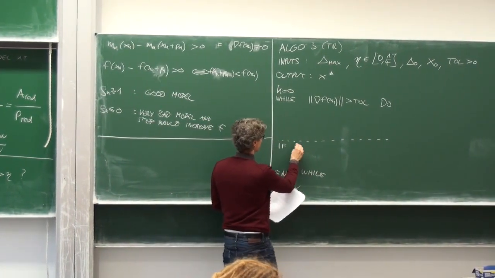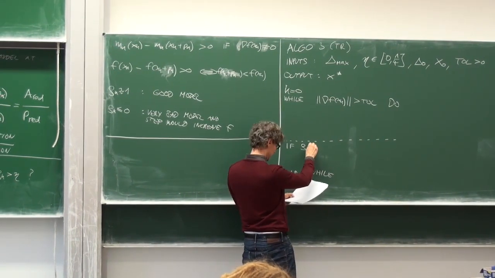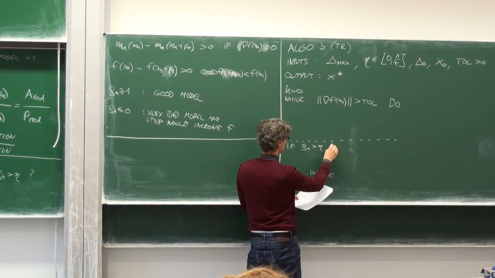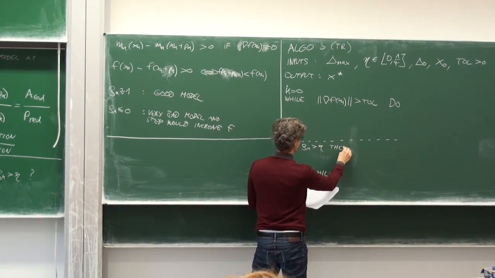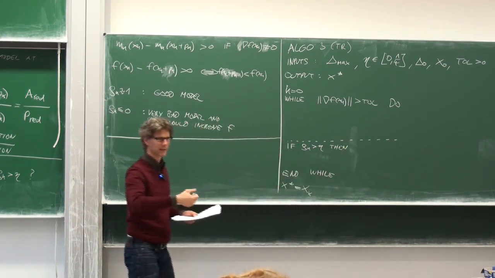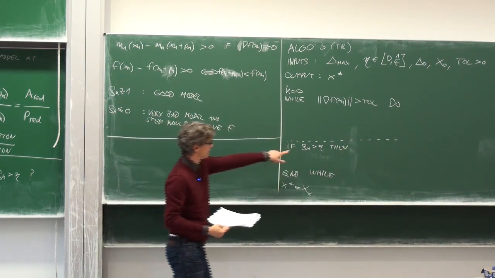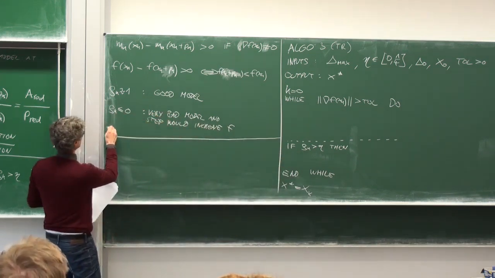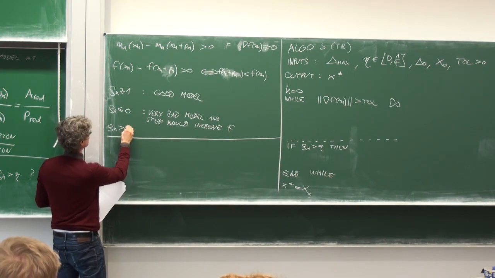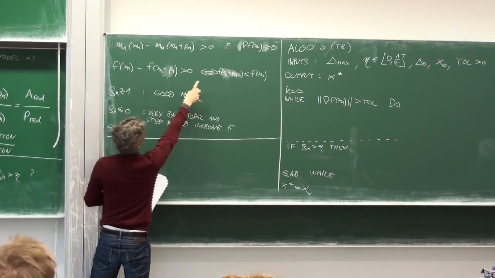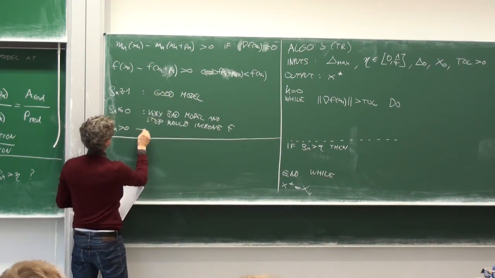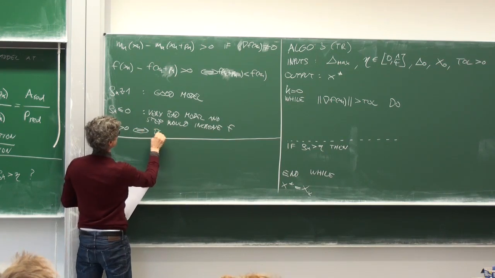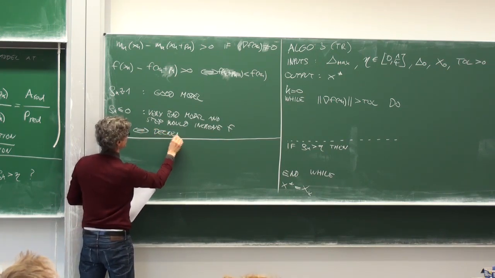We say if rho k is bigger than eta, then you accept the step, because then the model is good enough, and we will have decrease. Rho k bigger than eta is equivalent with decrease. So it means actually that we go down.